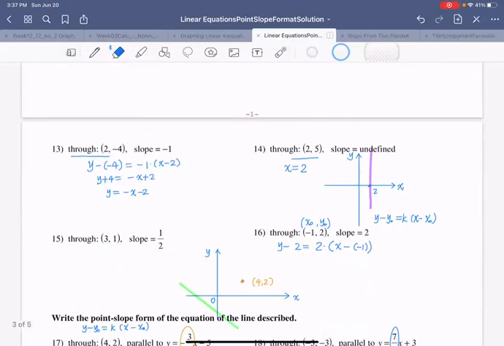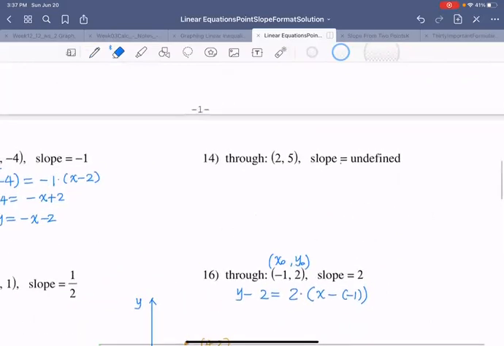Ethan, let's do number 14. How do we do this one? It's y minus 5 equals... oh wait, what happened? Undefined. This is an undefined slope. What does that mean? It's vertical. Very good.